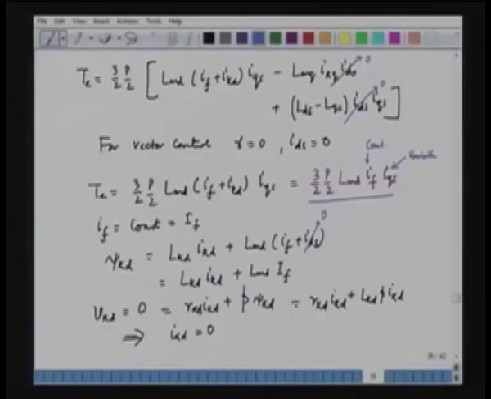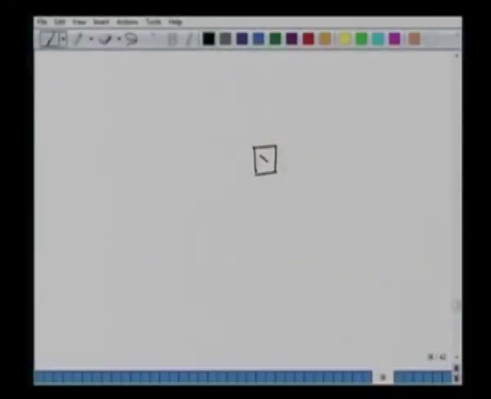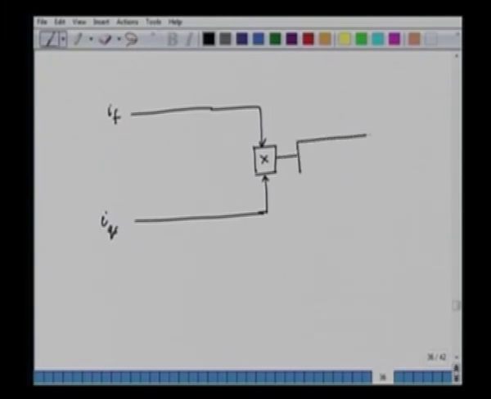In this case we will have the field current IF and IQS, and this is multiplied with 3 by 2 into p by 2 into LMD, and what we obtain is the torque. There is no dynamics involved here. We can keep IF constant and we can change IQS to control the torque.